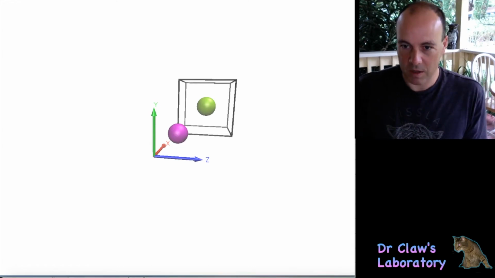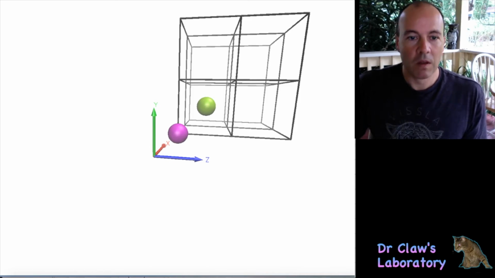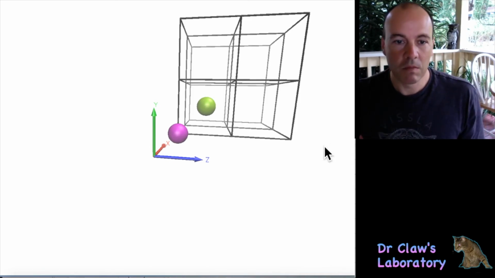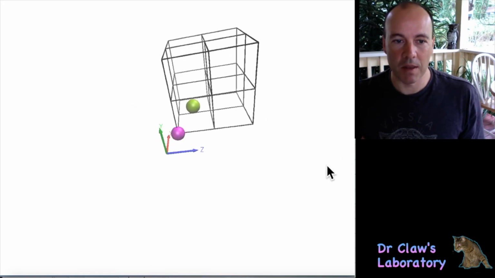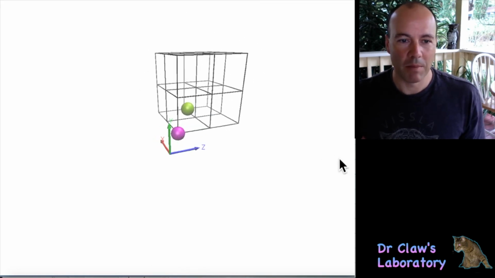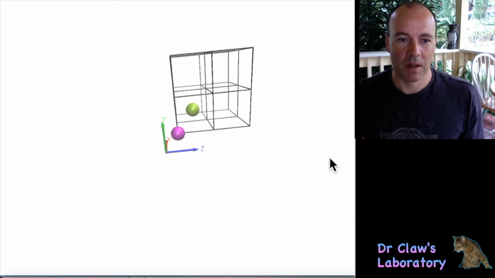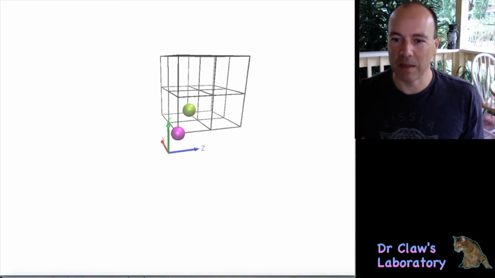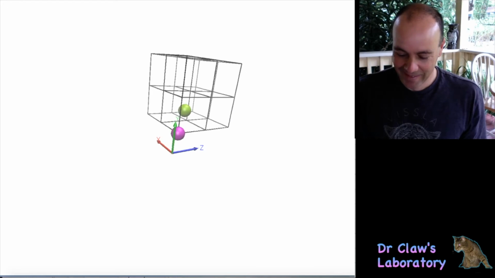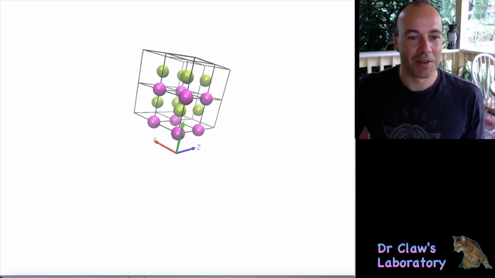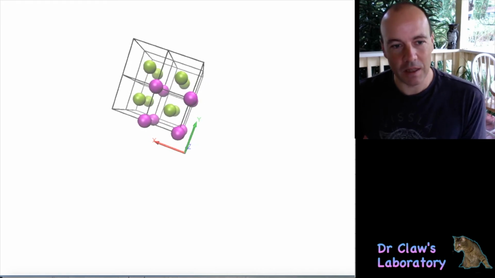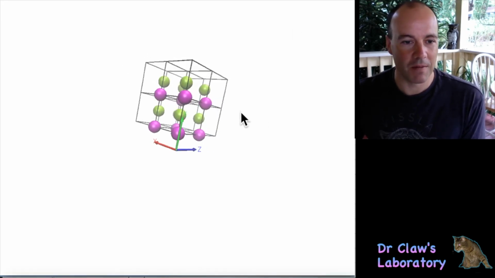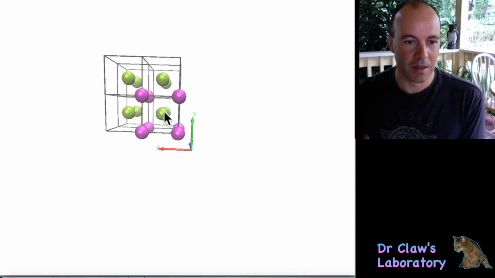Okay, so let's draw another one. So there are 8 unit cells right there, and you can probably imagine where the rest of the atoms would go. Let's give this a spin. There we go. Okay. Now, can you see how each of the atoms has 8 neighbors? So look at this chloride right here.